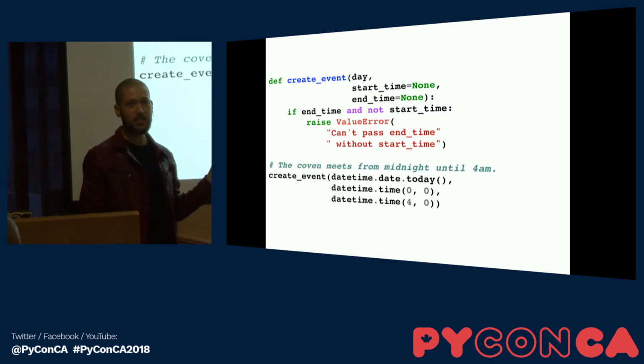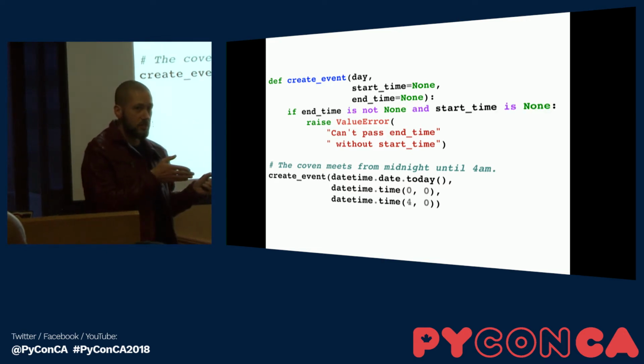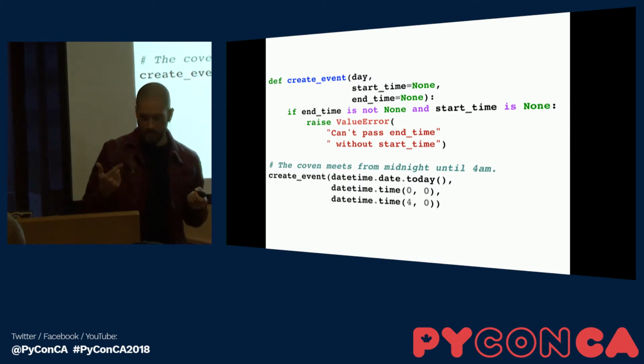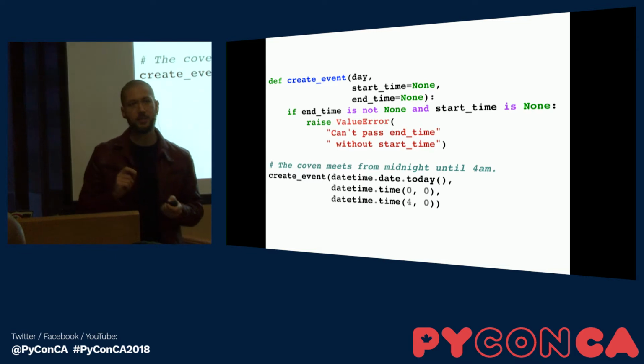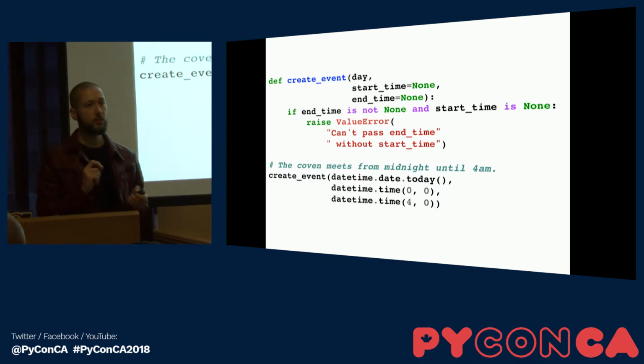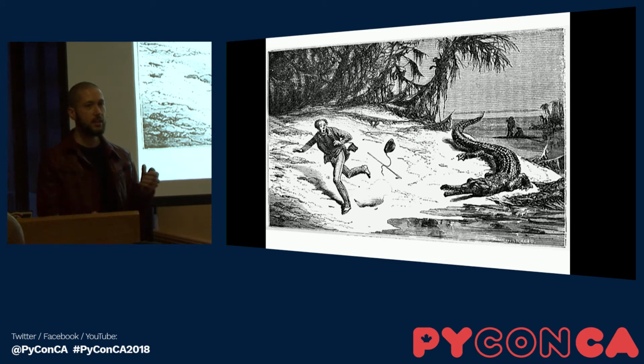If the coven meets at midnight, that's false, and that triggers the exception when it shouldn't. Now, you can correctly code this, of course. You can say end time is not None and start time is None, and that'll work, but that's subtle. So if you were designing a library intended to bite people, then this would be a good quirk to add.